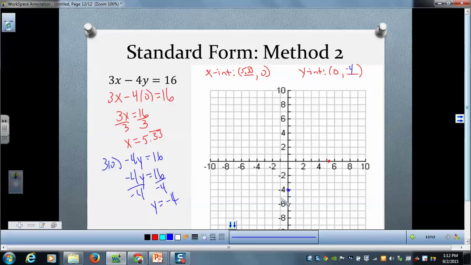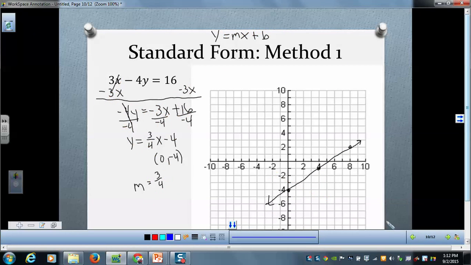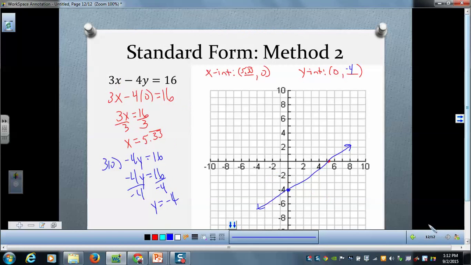And there's my line. If I flip back, you can see that we get the same line from either form. I think this is a lot quicker, but once again, if you get decimal answers for your intercepts, your line may not be quite as accurate.